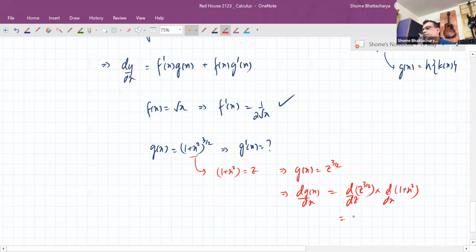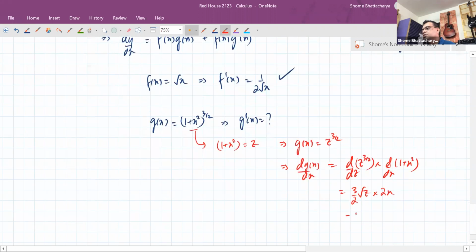So that becomes 3 by 2 root z into 2x. So that becomes 3x root z, which is this. So this is our g prime x.